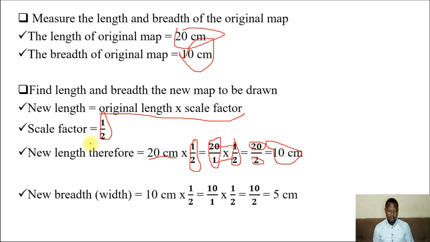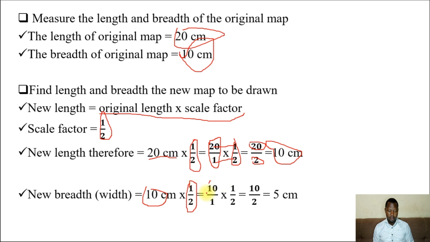So we look at our new breadth or width. Some prefer calling it width, others prefer calling it length. So we look at our new breadth. So our original breadth is 10 centimeters. So we multiply it by our scale factor, which is 1/2. So as I said earlier, every whole number is over 1.